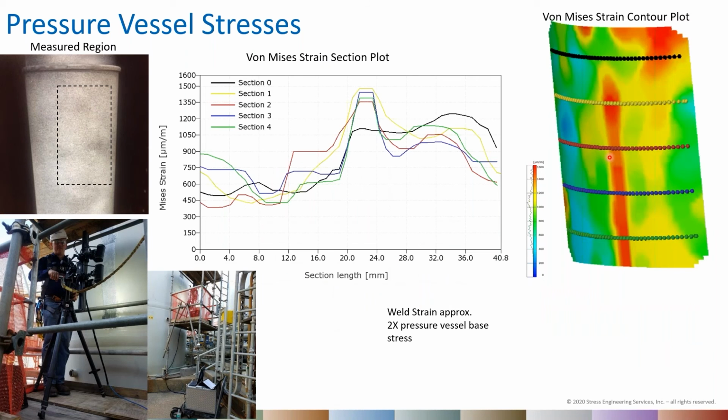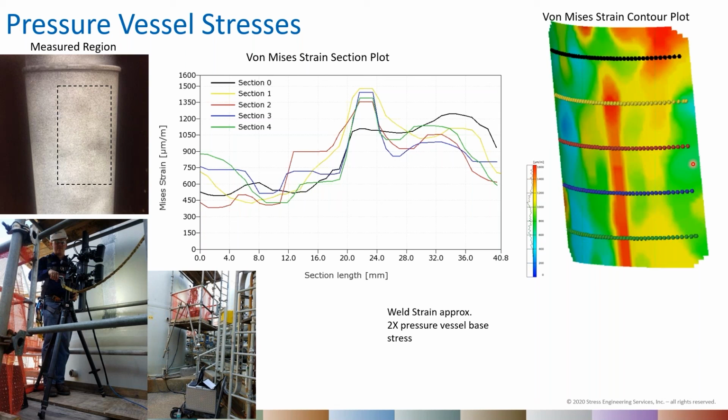So we also looked further up on this aerosol can, and to the eye, you could not see that there was a longitudinal weld in this can. However, in the data, you can see a concentration of strain due to a weld seam. And so that concentration of strain was actually twice that of the bulk base stress of the can.